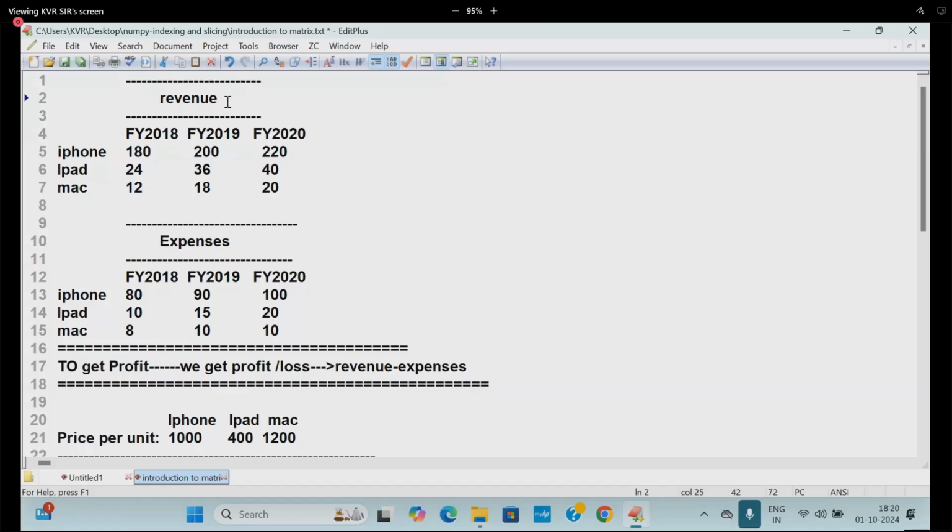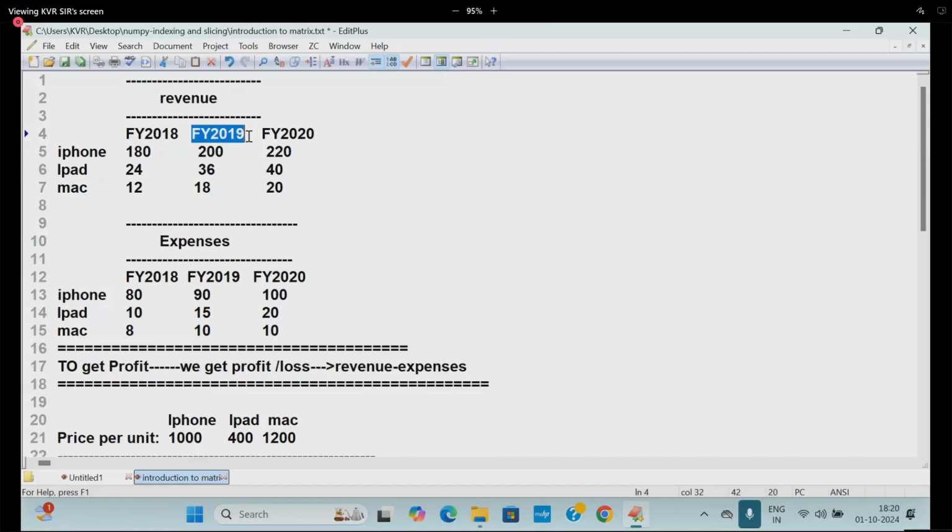So the revenue in financial year 2018 is on iPhone 180, on iPad 24, on Mac they got 12. Either you take it in terms of rupees, or lakhs, or dollars, whatever currency you like.